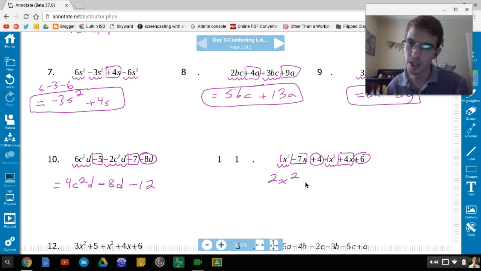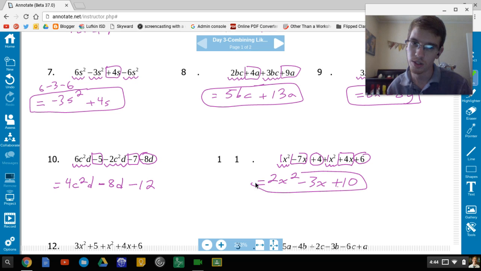Let's see, those two together should give us a negative 3x. And those two, 4 plus 6, should give us a plus 10. So that answer is 2x squared minus 3x plus 10.